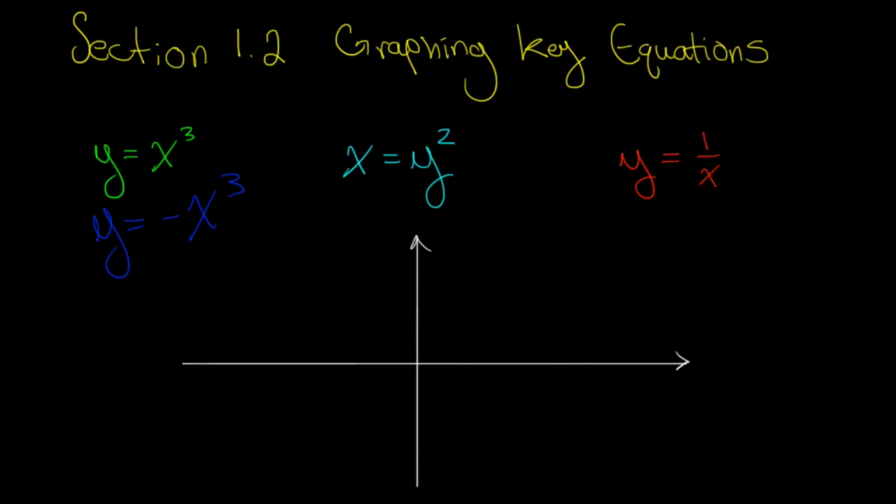If we plug in negative y, we get negative y is equal to x cubed, and that's clearly different. However, if we plug in both negative y and negative x, the negatives cancel each other out, and you're left with the original equation. So this graph is symmetric about the origin.